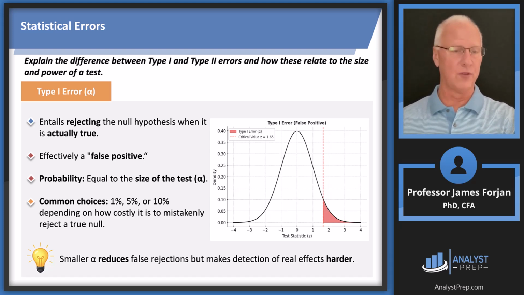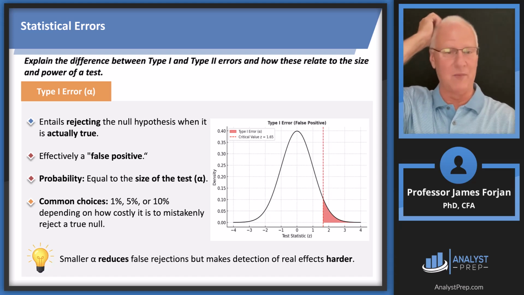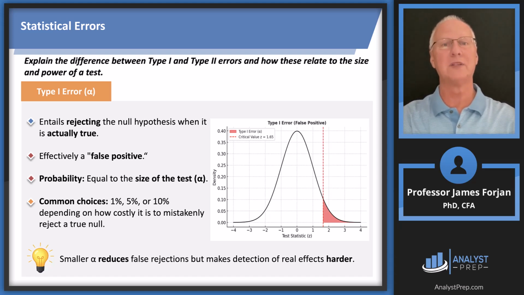Now notice the fourth diamond point there, 1%, 5%, 10%. You could pick anything. You could pick 2.5%. You could pick 80%. You could pick almost any number. But historically, going back to introductory statistics classes, it's almost always 5%.